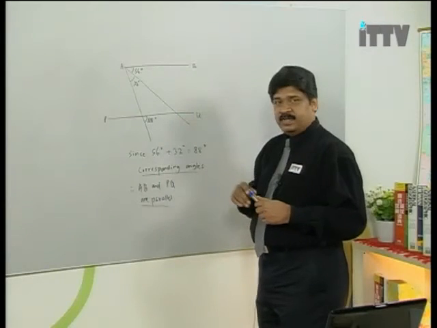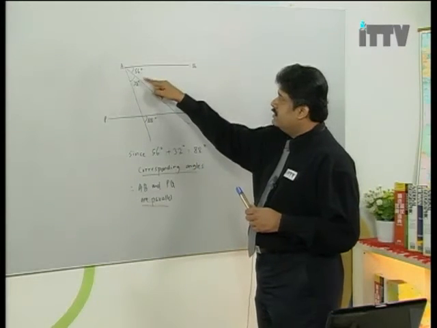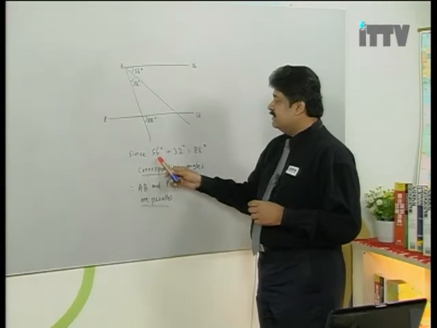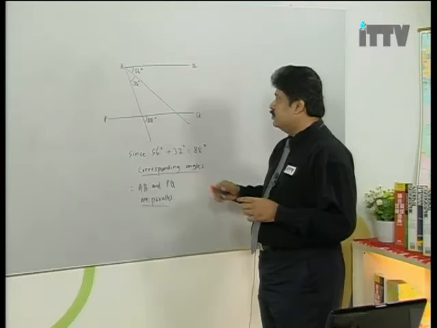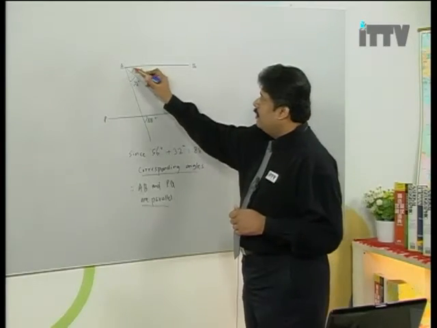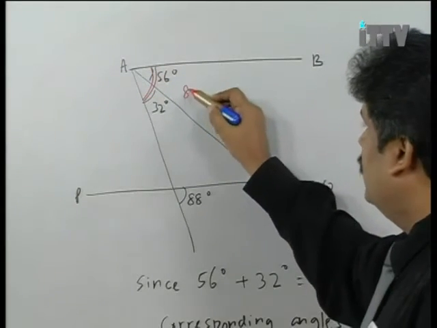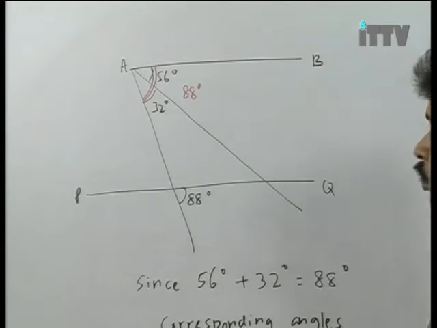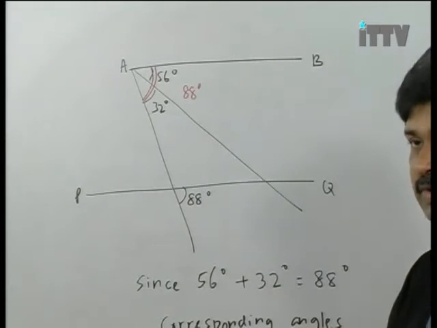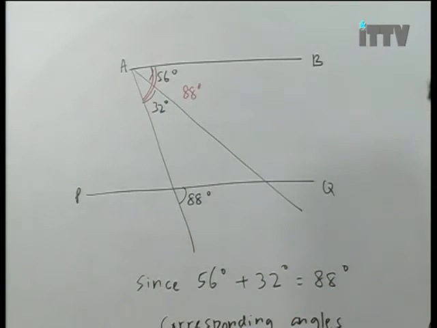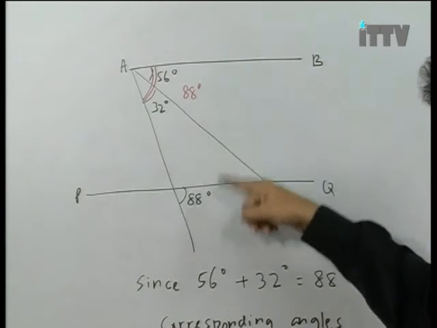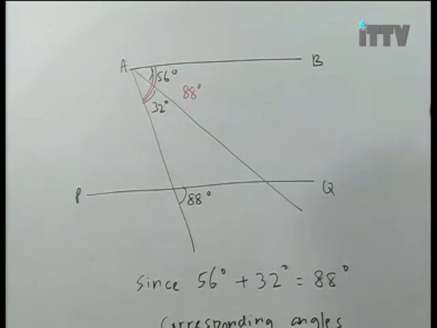On closer observation, if you add up these two values, since 56 and 32 gives you 88, therefore this whole value is 88. So what can we say about these two 88 values? On closer scrutiny, we can say that these two angles are corresponding angles.